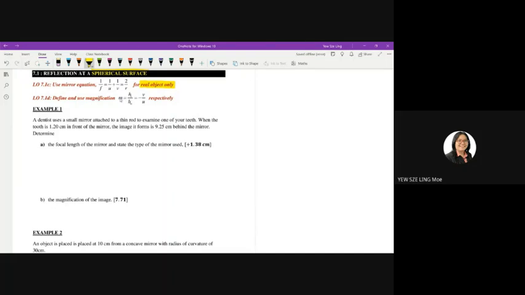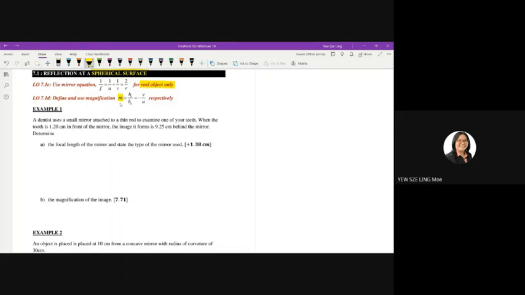If you have m, then from m you should be able to tell what happens to v, whether your v is a positive or negative value. So define and use magnification: m equals hi over h naught equals negative v over u. Remember, m can give you a lot of information.